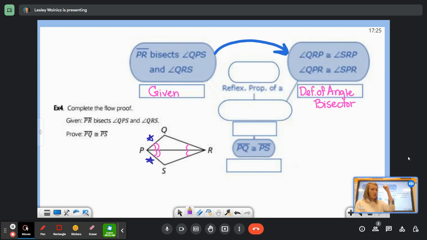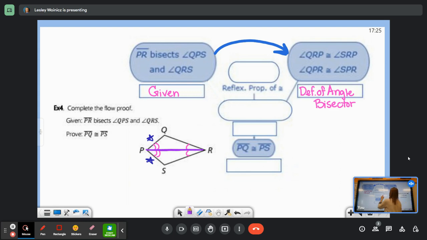I need a side. So my side is going to be this shared side. They both have this side PR. Okay, let's look at the order. I think it's in the same order. PQ, yeah, it's in the same order.